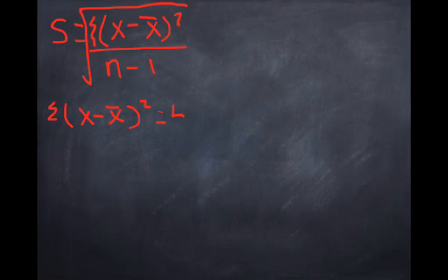So you're going to have 4 plus 4 plus 1 plus 0 plus 1 plus 4 plus 4. You want to find the total sum. When you add them up, you should get 18.